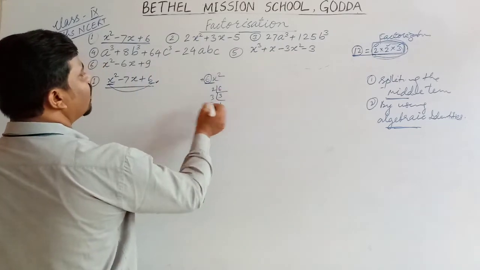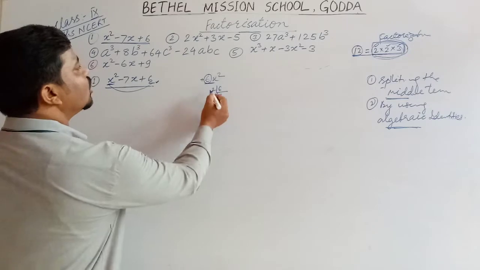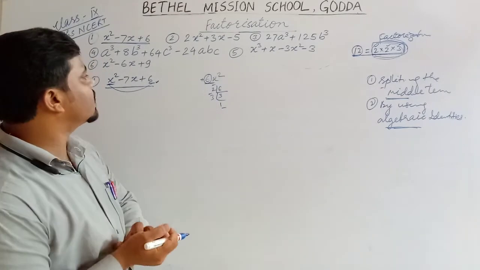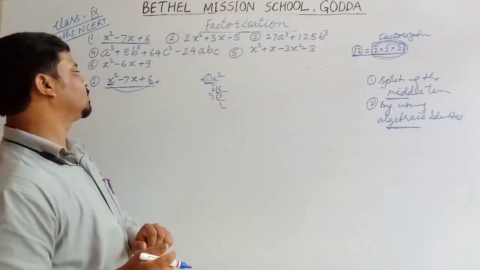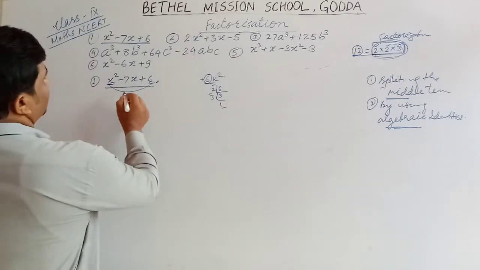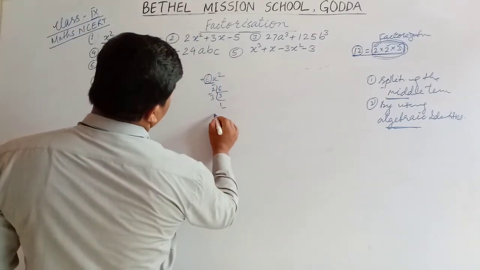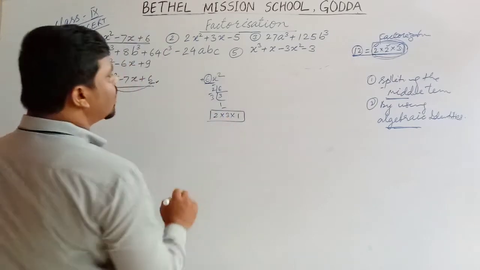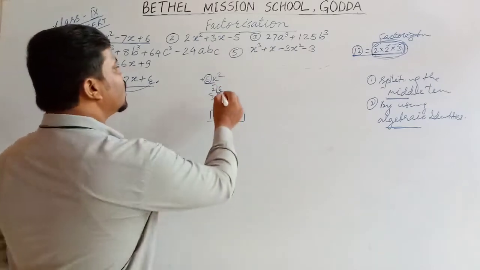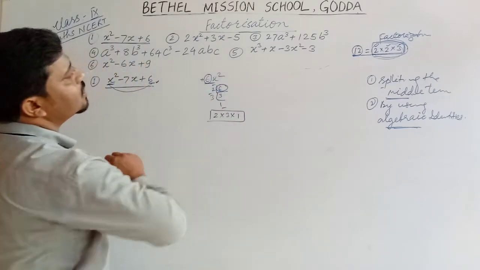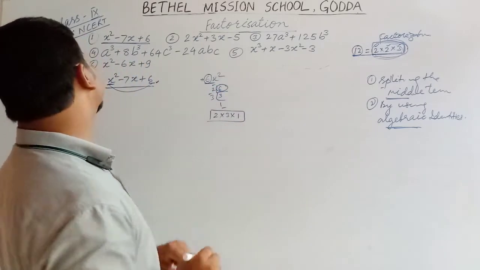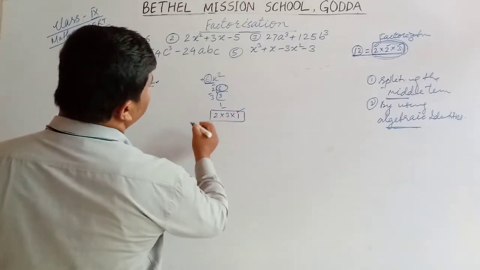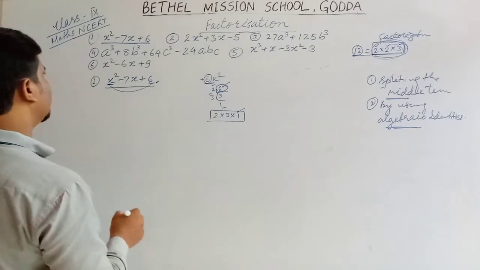So 2, 3 and 1, three small numbers are there for this 6. So 2 into 3 into 1. When you multiply these three small numbers, you will get 6. 2 threes are 6, 6 ones are 6.